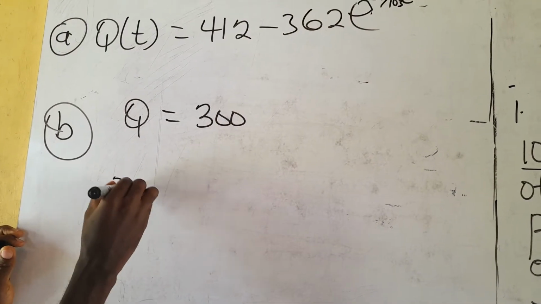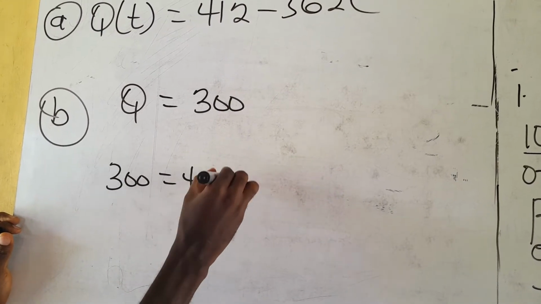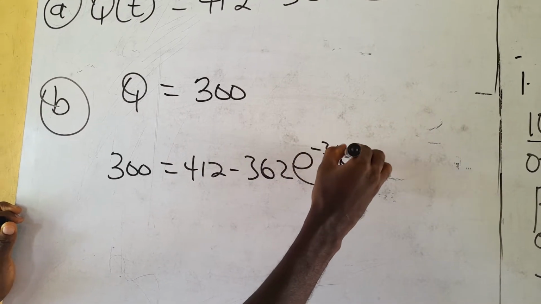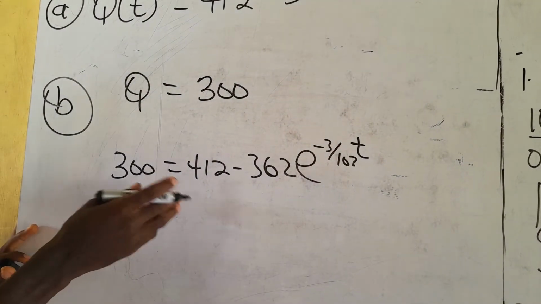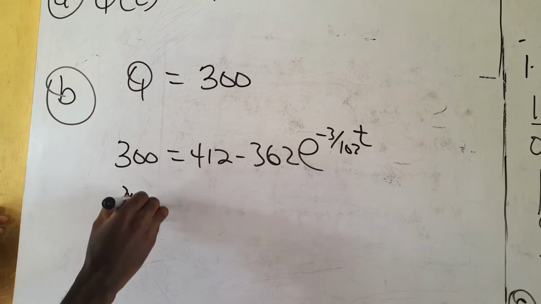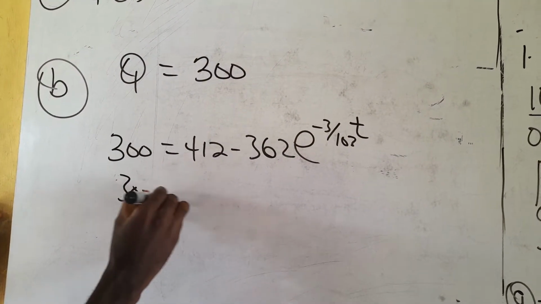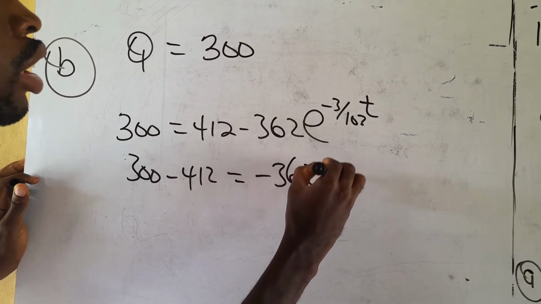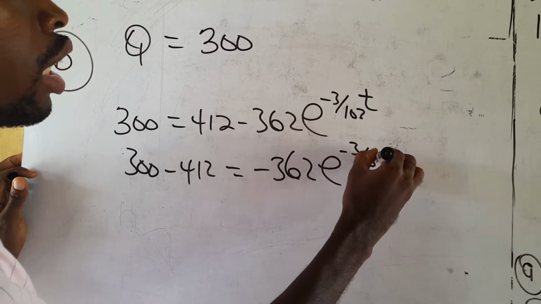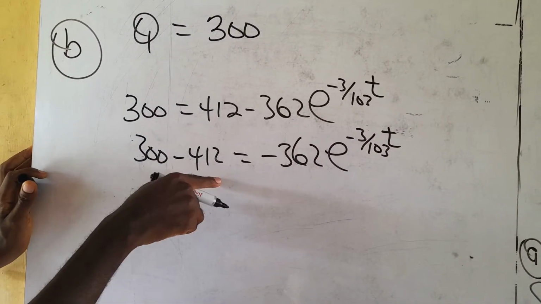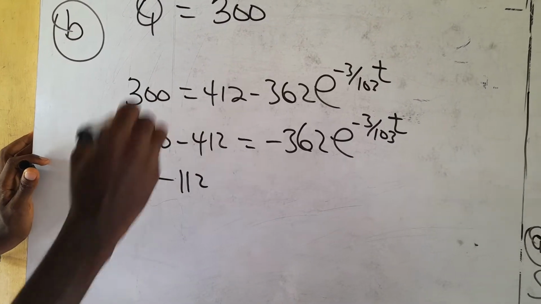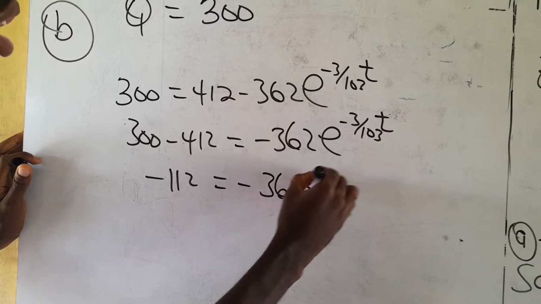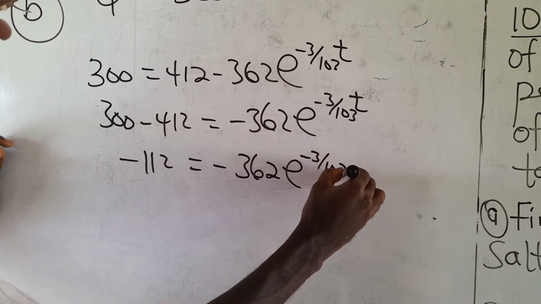So we can say 300 is equal to 412 minus 362 e exponent negative 3 over 103 T. We bring this 412 over, so we have 300 minus 412 equal to negative 362 e exponent negative 3 over 103 T. 300 minus 412 will be negative 112, equal to negative 362 e exponent negative 3 over 103 T.